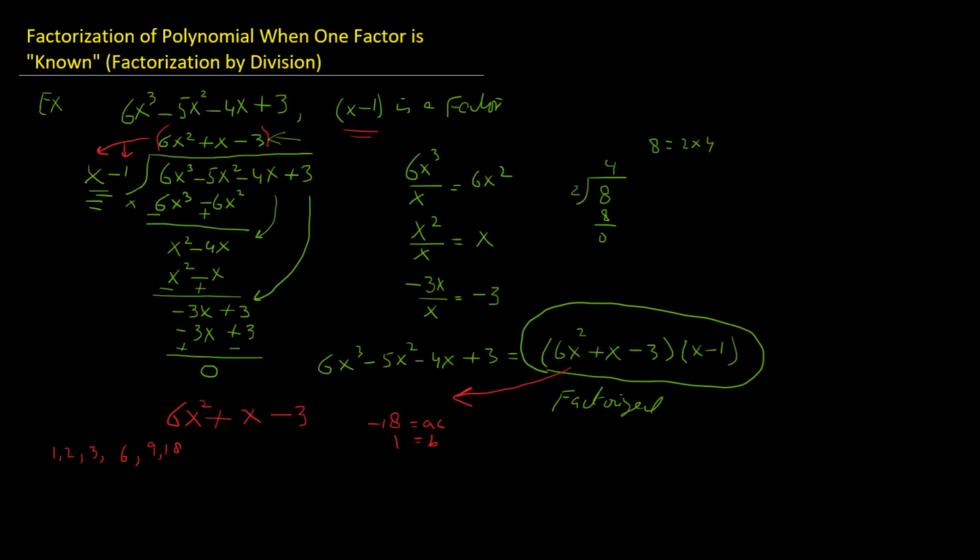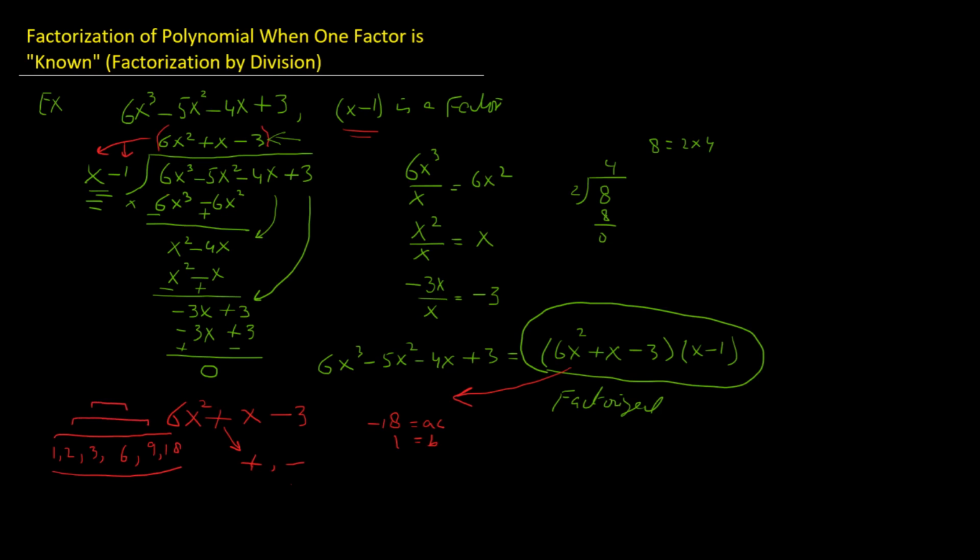It means one number will be positive and the other number will be negative. So we are looking for the difference of two numbers. Can you find here two numbers which differ only by 1? 1 and 18 differ by 17. 2 and 9 differ by 7. 3 and 6 differ by 3.